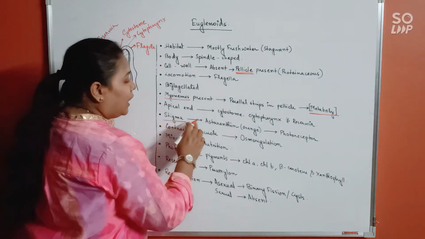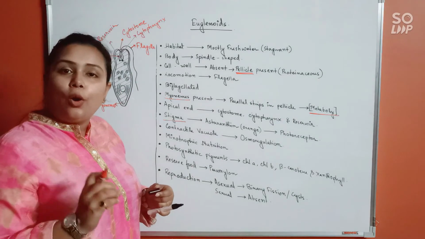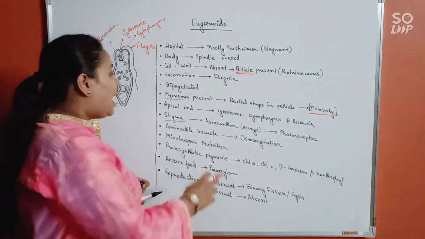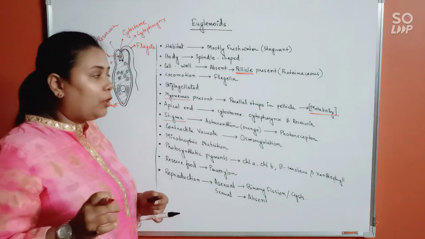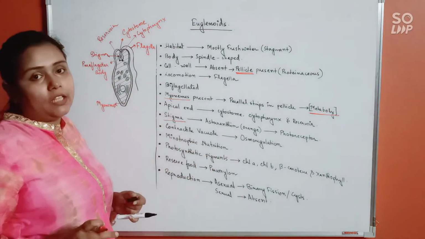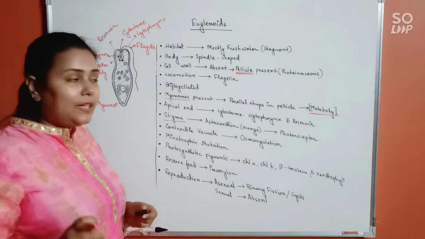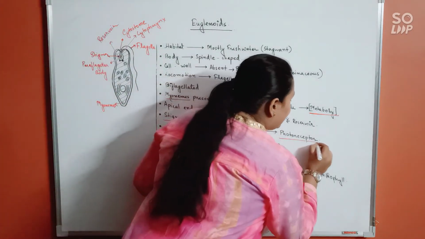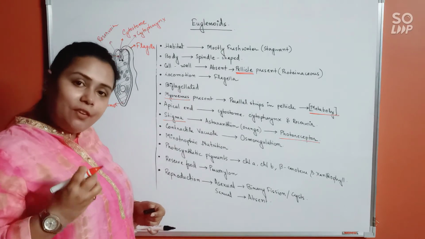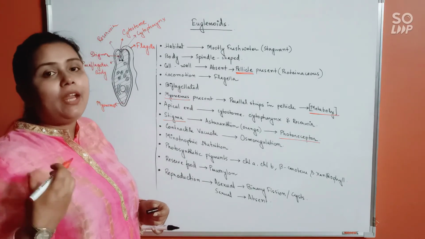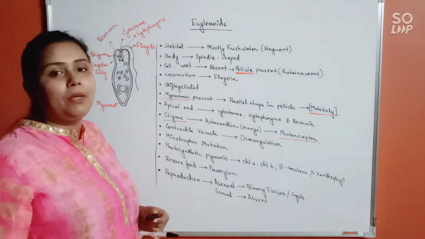The stigma or eye spot consists of an orange color pigment that's called astaxanthin. Okay, now the function of paraflagellar body and the stigma or eye spot remains the same. That is, they both will act as photoreceptor. Means they will be perceiving light and they will direct the organism towards optimum light.